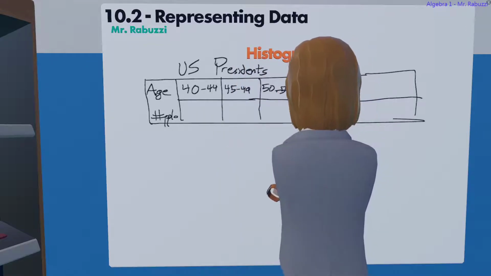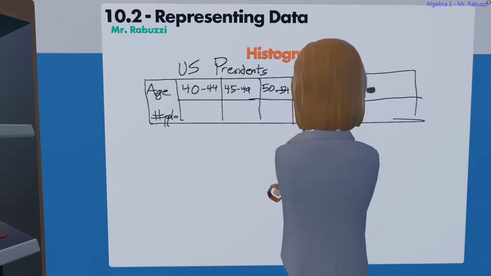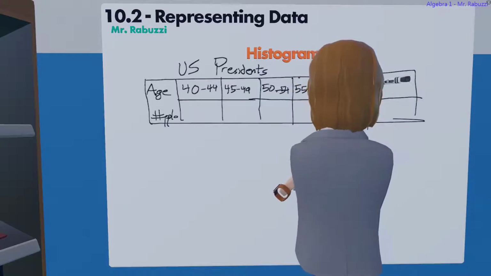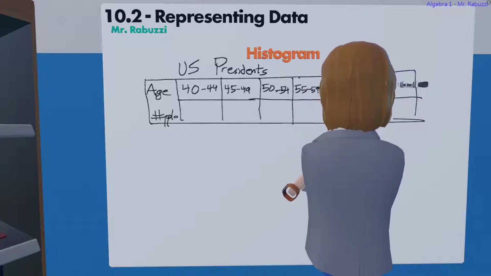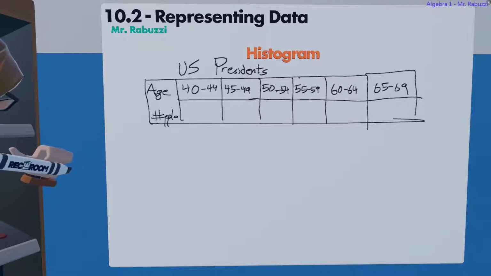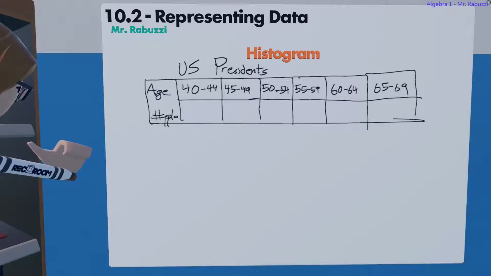60 to 64? And 65 to 69. So this is up through Barack Obama. All right, and then I need to check because this got cut off my notes.